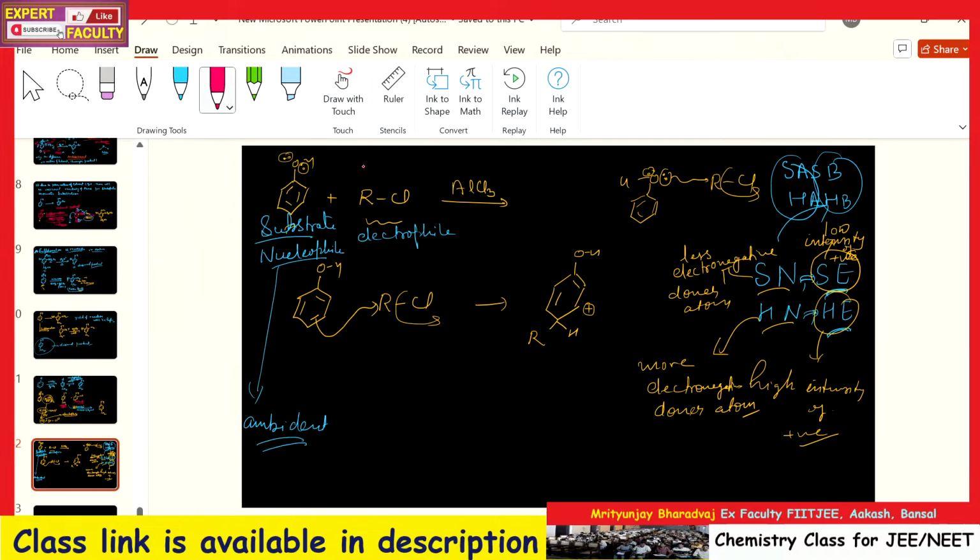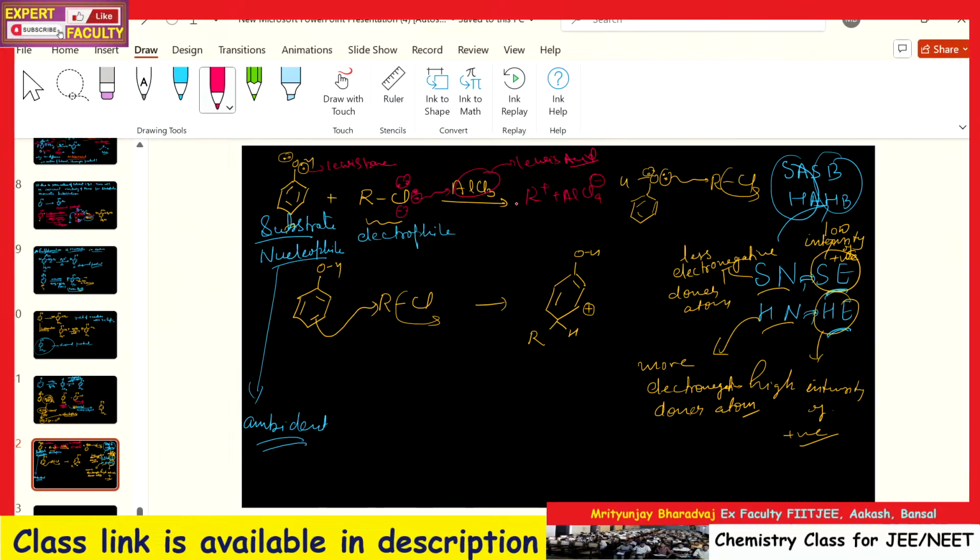There is one more possibility that this lone pair is a Lewis base, and this AlCl3 is a Lewis acid. And this AlCl3 is a Lewis acid, that's why it takes an electron from Cl and forms R plus and AlCl4 minus.